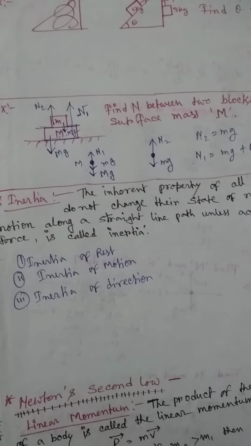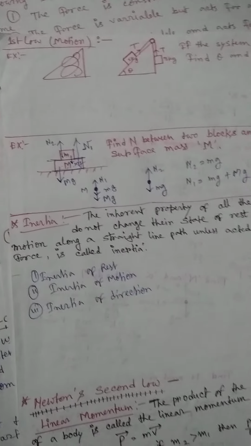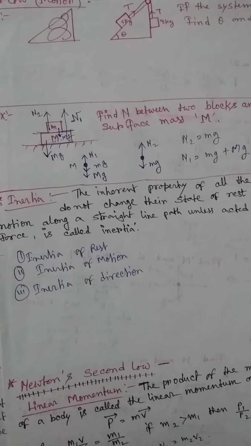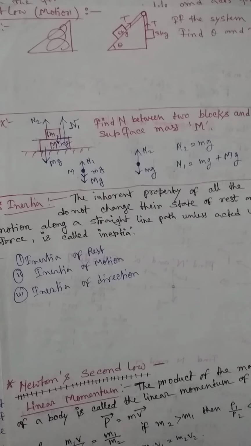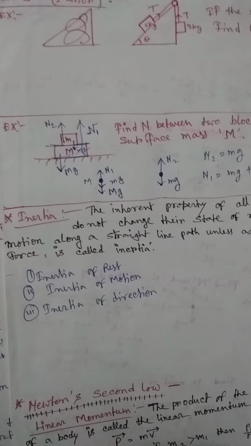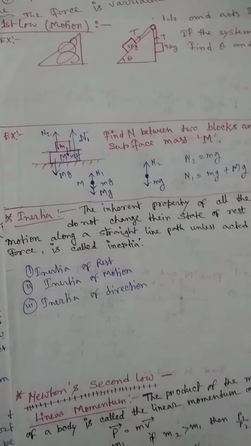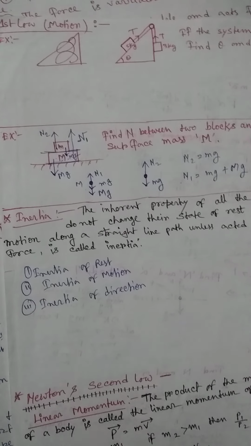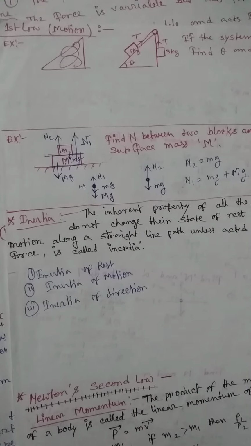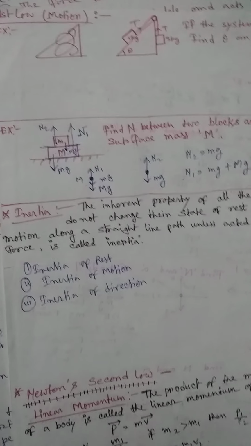Inertia of rest means if a body is initially at rest, then without external force, the body cannot move. So the property of a body which is initially at rest is called inertia of rest. If a body is moving with a uniform velocity, then without any external force, the body cannot change its velocity, right?